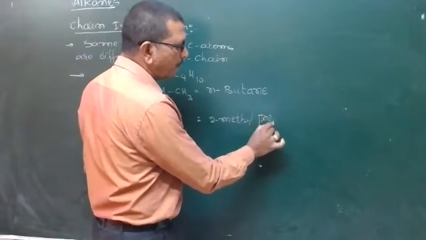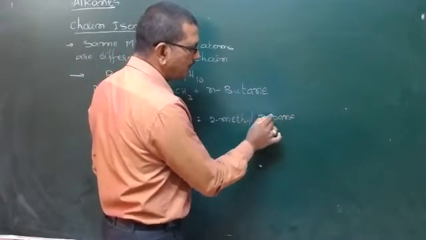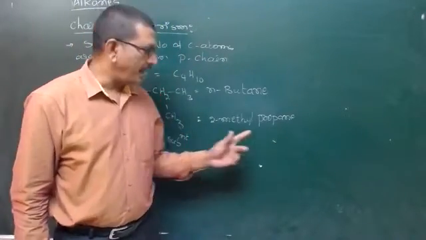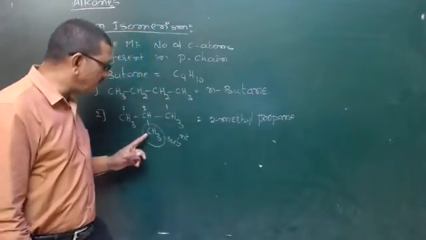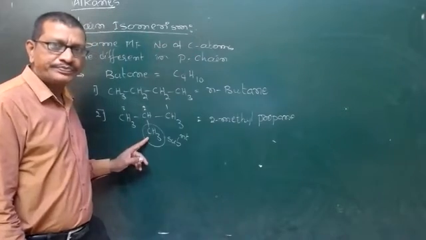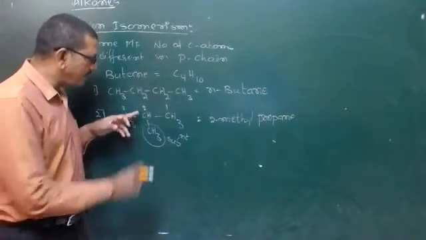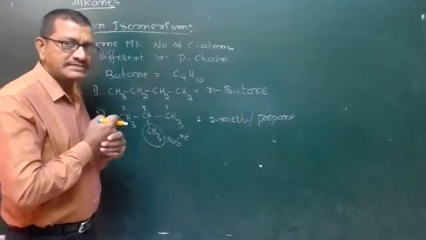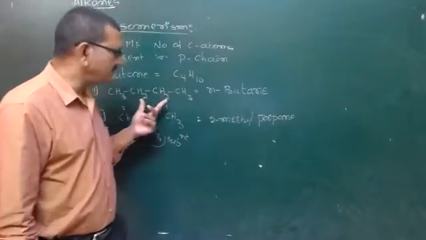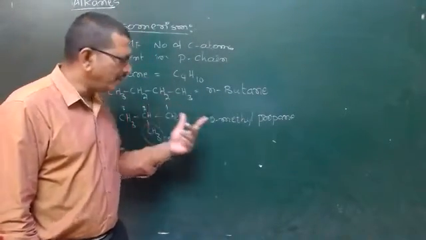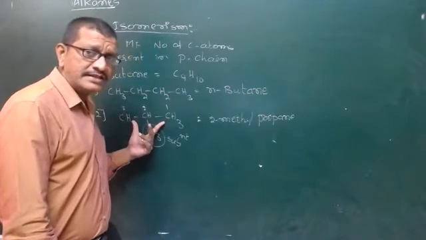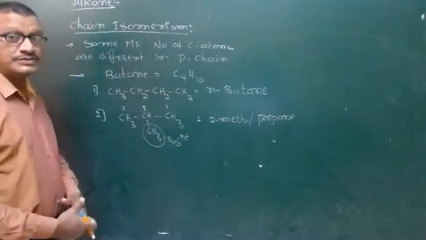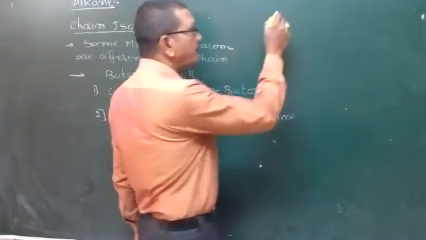Propane is the root word, ane is a single bond, and 2-methyl means methyl is at the second carbon. The number of carbon atoms in the principal chain is 3 here. So these are the chain isomers given by butane.